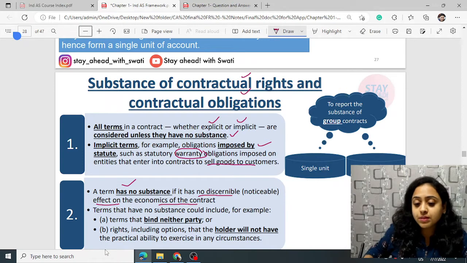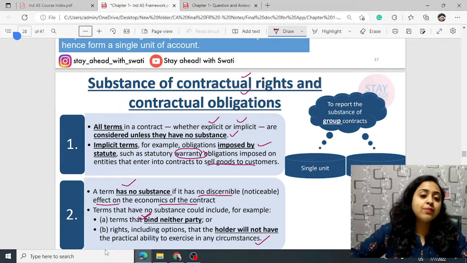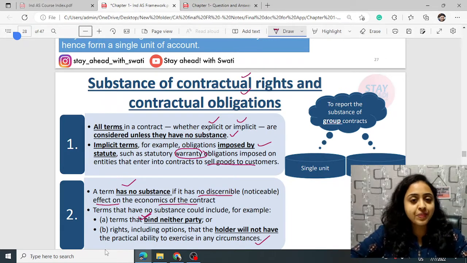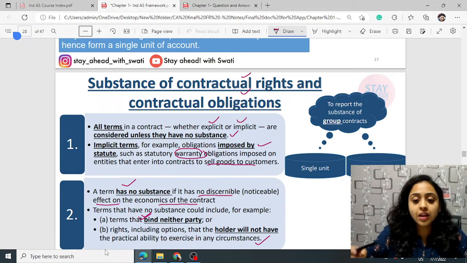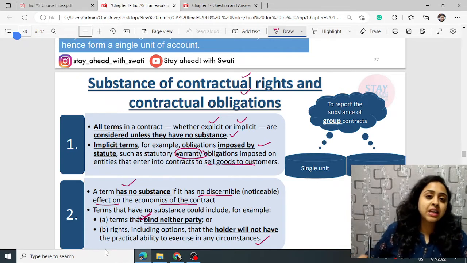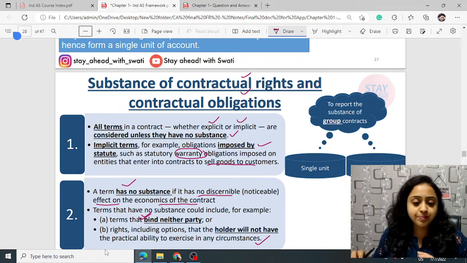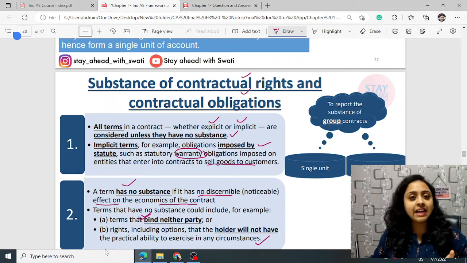Terms that have no substance could include, for example, terms that bind neither of the parties, or rights that include options that the holder will not have the practical ability to exercise in any circumstances. All terms are considered unless they have no substance, and a term will be considered as having no substance if it has no noticeable effect on economic decision making.